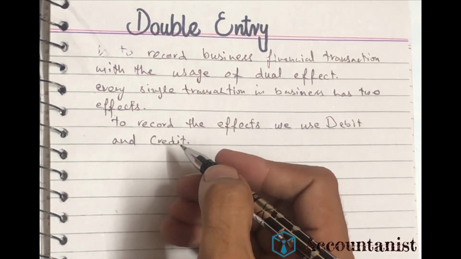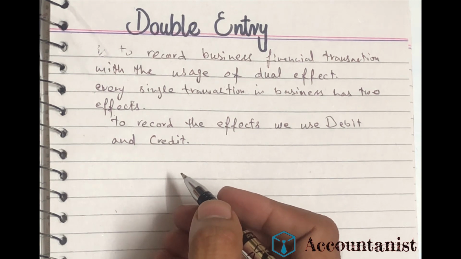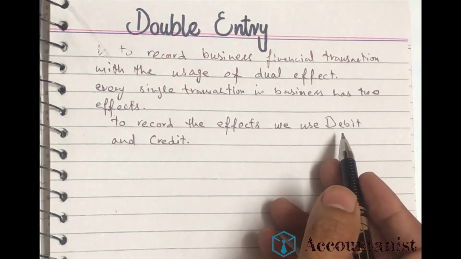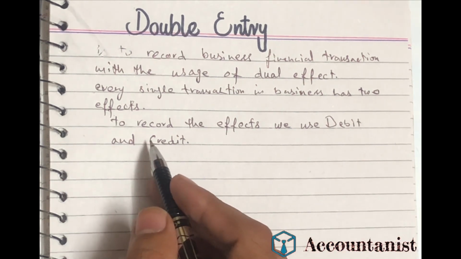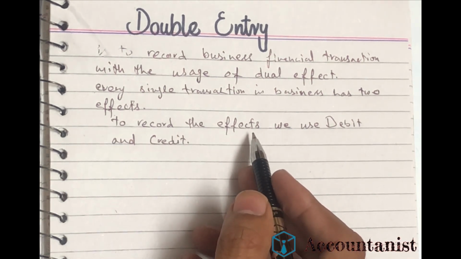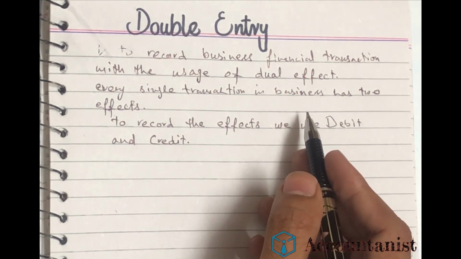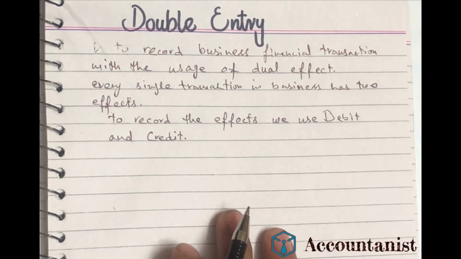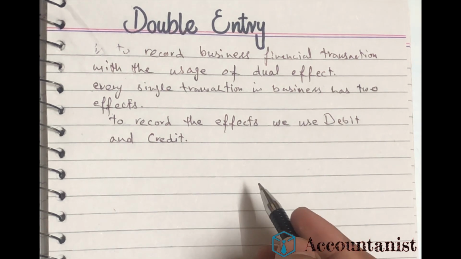So in simple words, we can say that debit and credit are the terms that we use to record the effects of business transactions. Now, what we need to debit and what we need to credit.